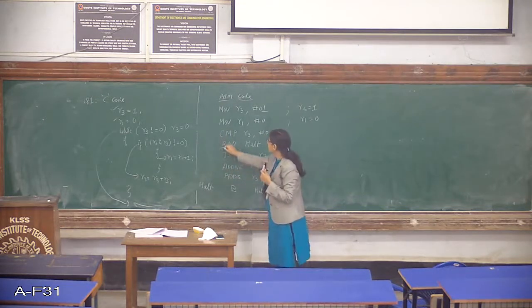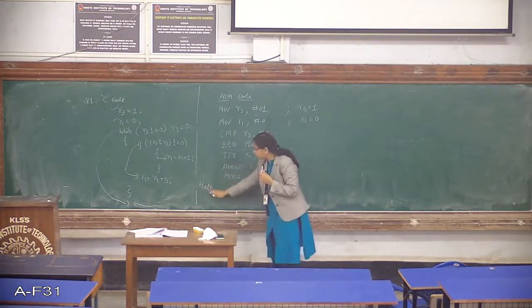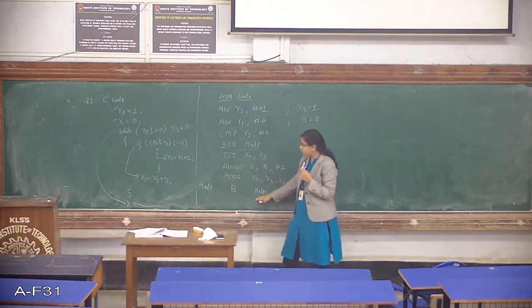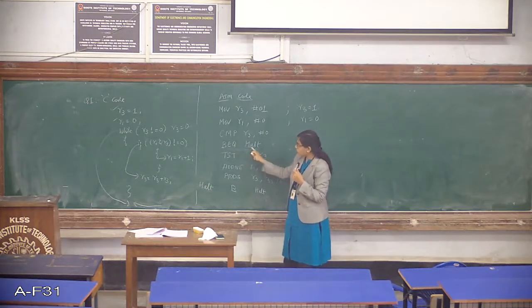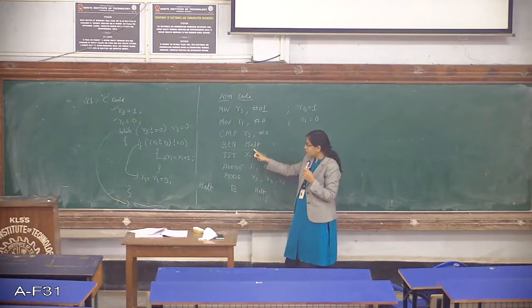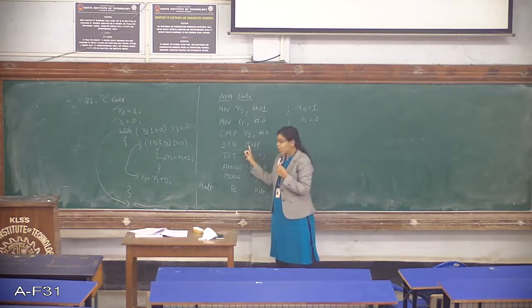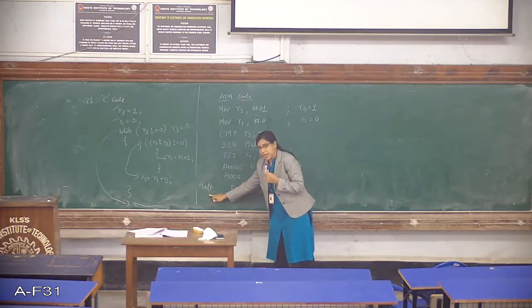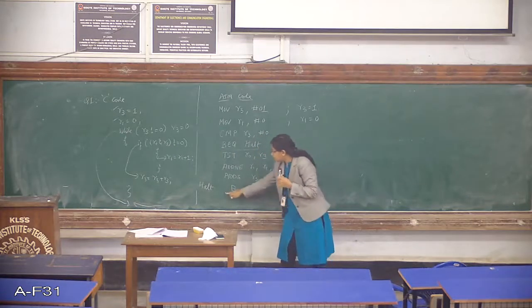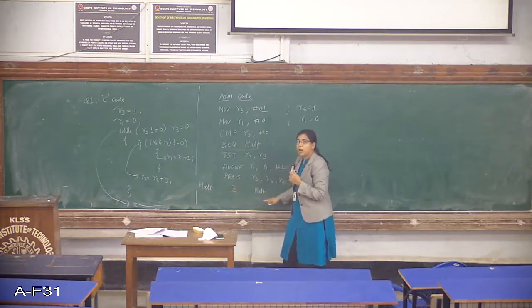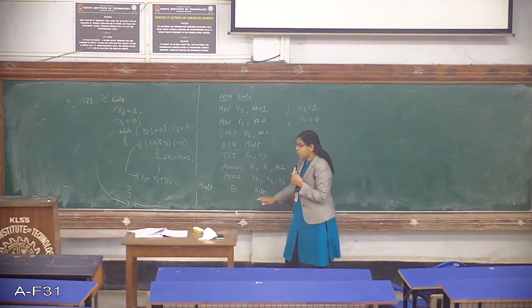So this is the instruction which will come out of the while loop here. So you can see branch equal to go to the label or jump to the label halt. And where is the label halt? It is here. And we are just executing the unconditional branch instruction here. Okay, this is the end of the program.